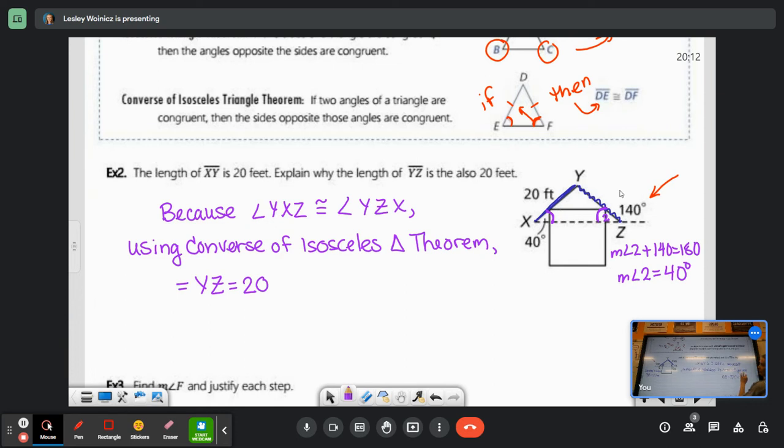And XY is also 20. XY equals YZ equals 20. They're equal.